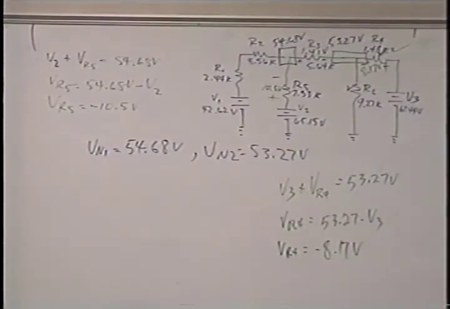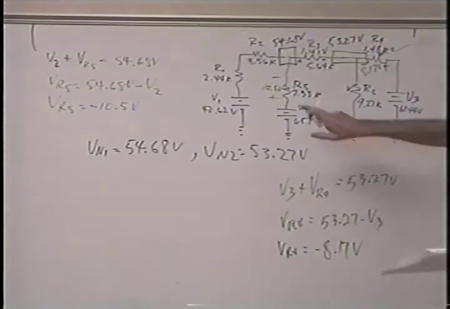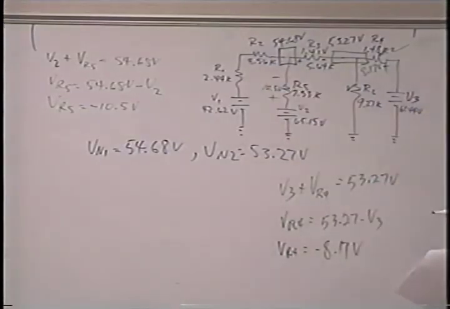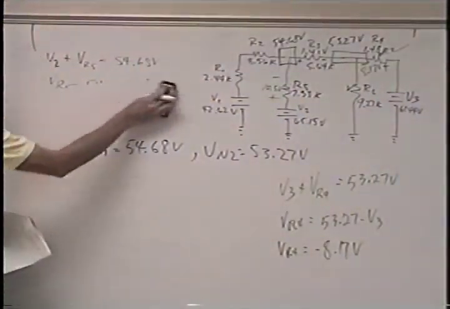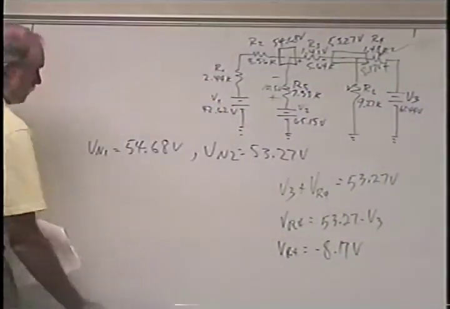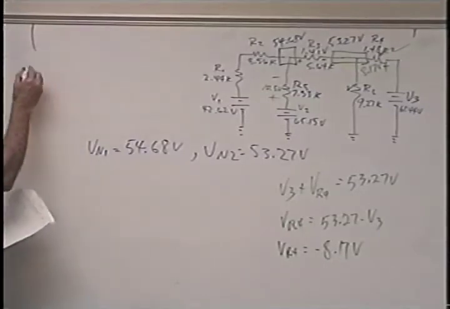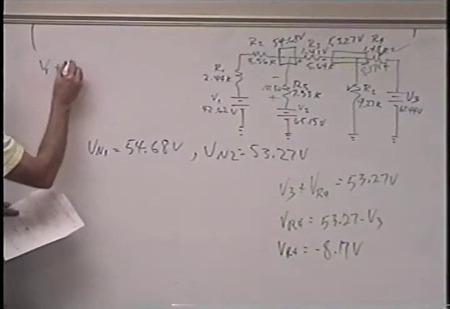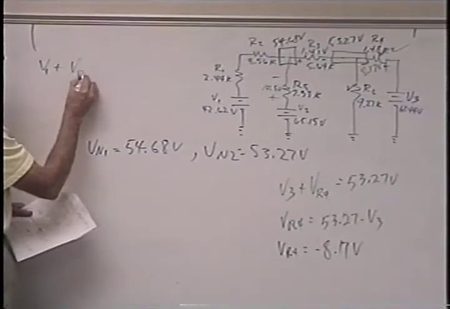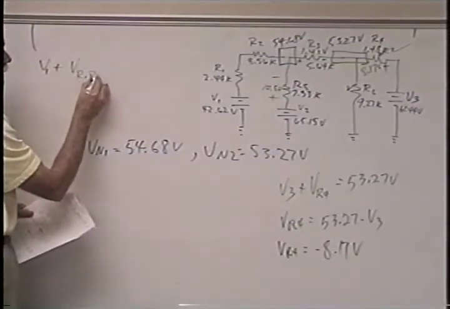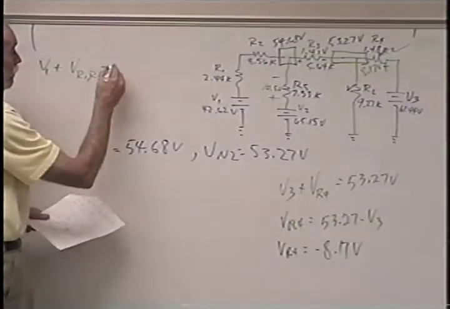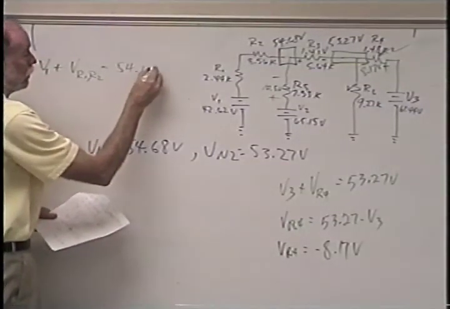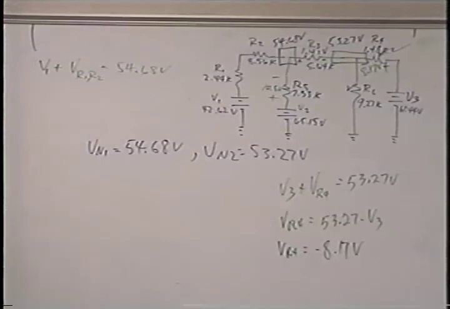All right, now then, what am I missing? I am missing the voltage drops across R1 and R2. What I'm going to do is combine those. And I'm going to say V1, just like I did before, plus the voltage drops across R1 and R2 combined must equal the 54.68 volts of node 1.